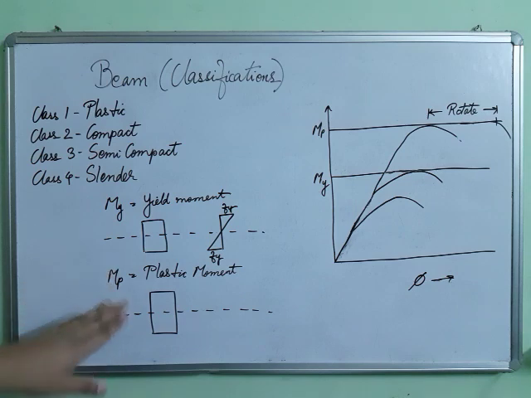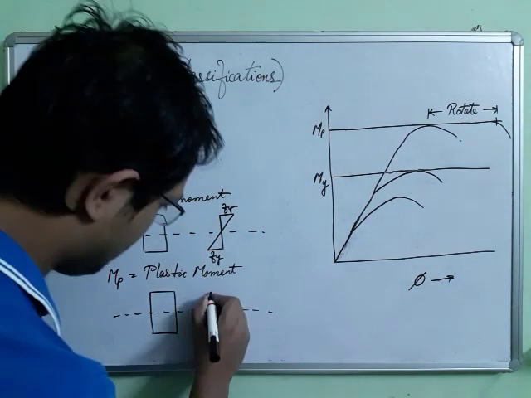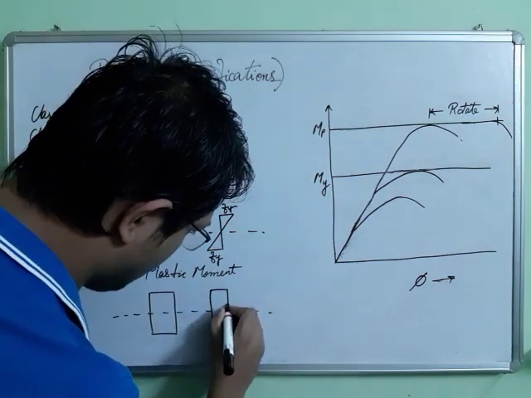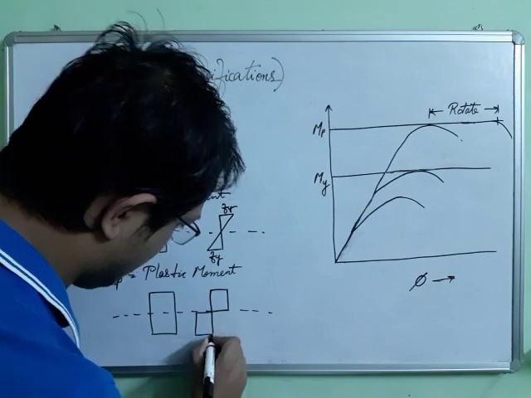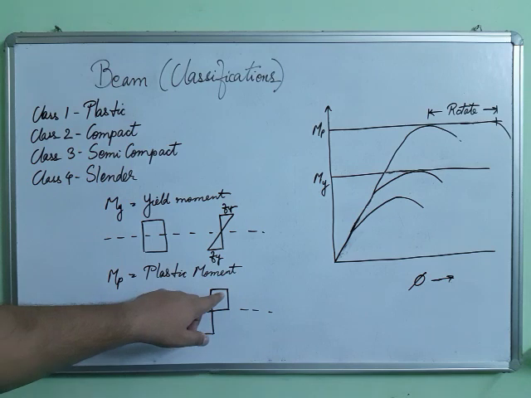Now, what will happen in the plastic moment? Each fiber will reach the yield stress. So the diagram will be so. This we have already discussed. Okay, in the plastic stage, what happens? So each of the fiber, this fiber is also having yield stress Fy.